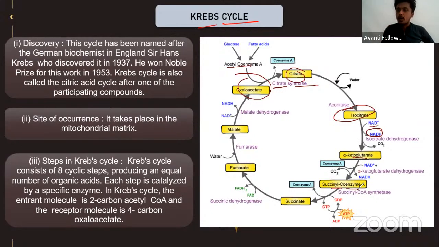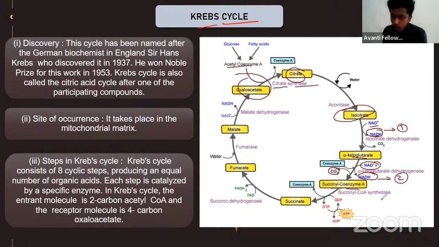This is a very important step again. During the conversion of alpha ketoglutarate to succinyl CoA, one molecule of carbon dioxide gets removed, and NAD plus is again reduced to NADH. Here we get one molecule of NADH, and here we get the second molecule of NADH.